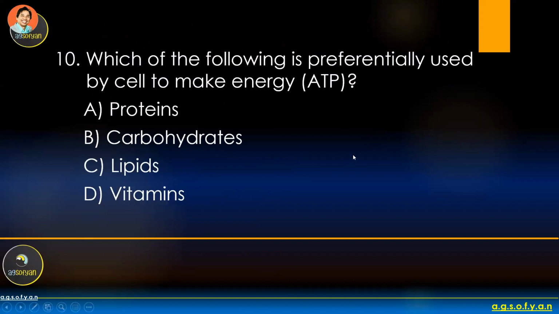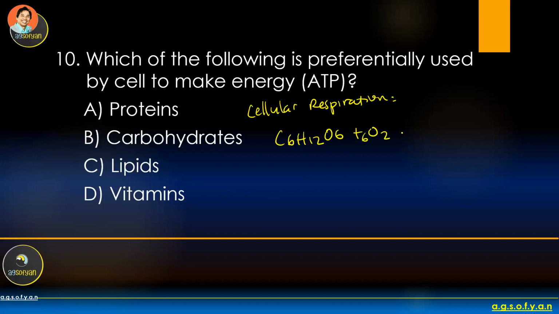Which of the following is preferentially used by cell to make energy or ATP? A, B, C, or D? Okay, so remember, the process of making ATP is called cellular respiration. And the formula is glucose, which is C6H12O6 plus 6 oxygen.